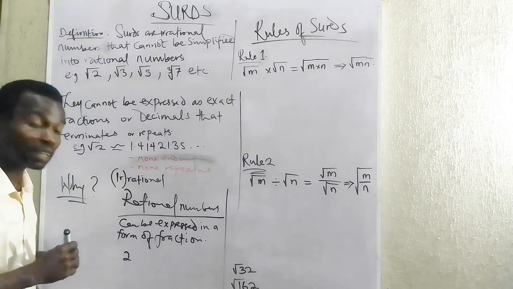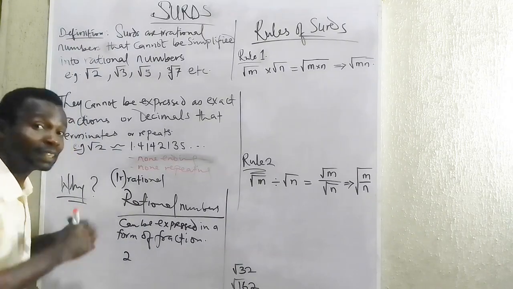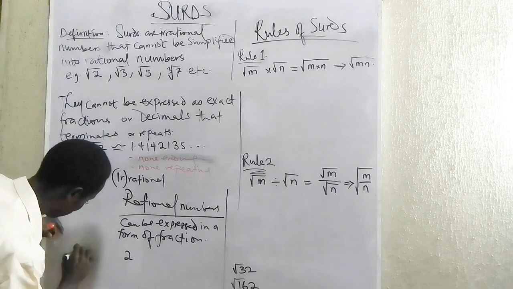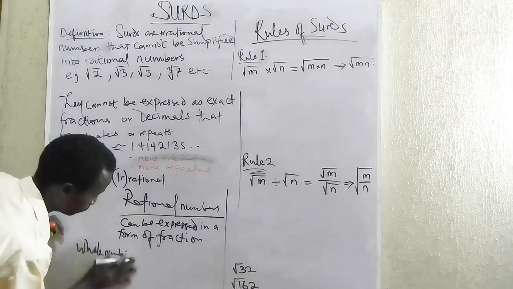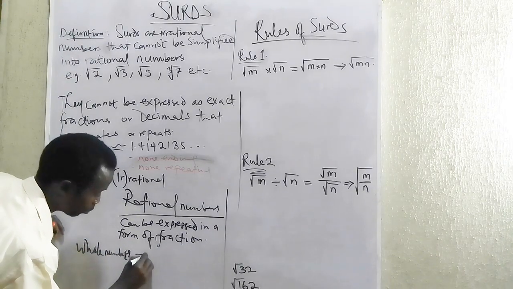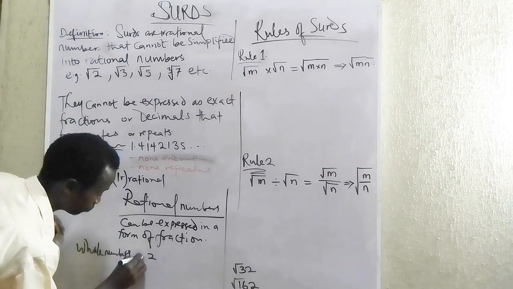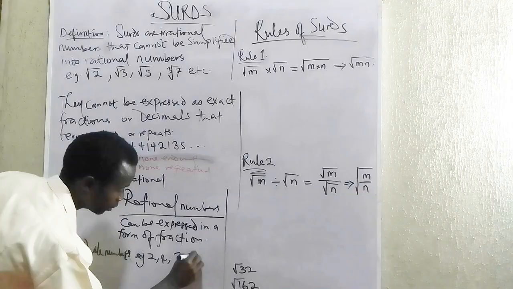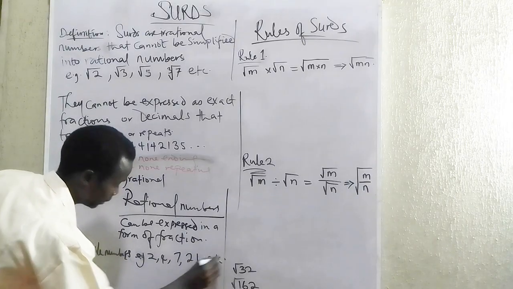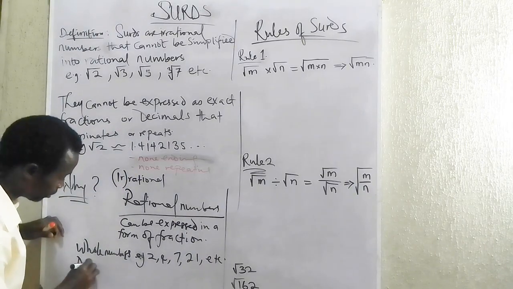Rational numbers can be whole numbers, for example 2, 4, 7, 21, etc. They can also be decimal numbers.